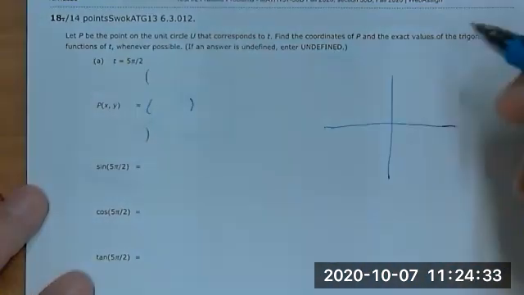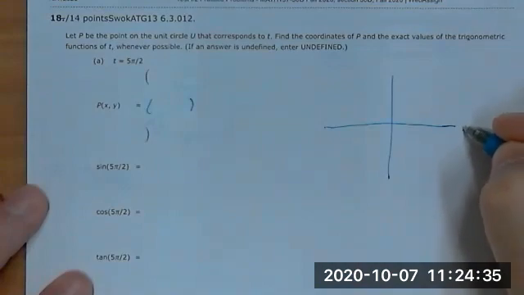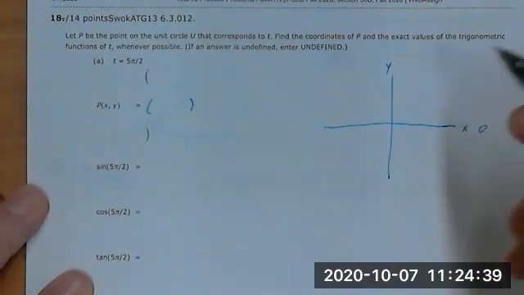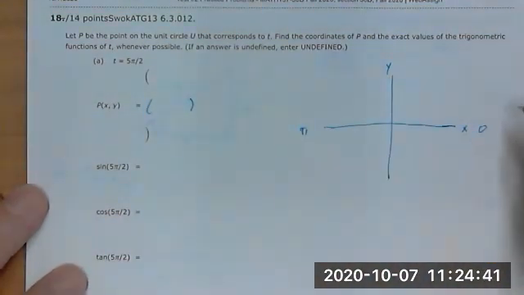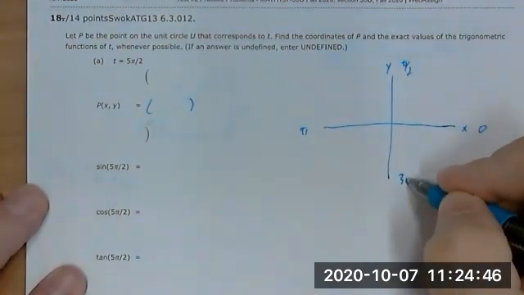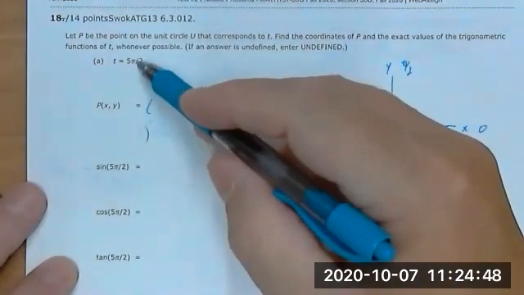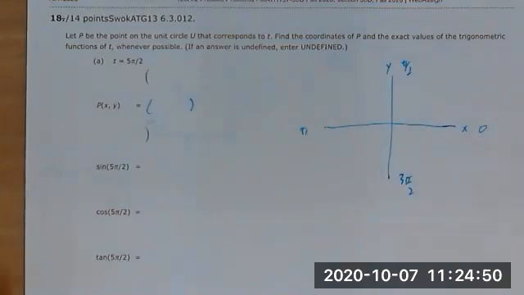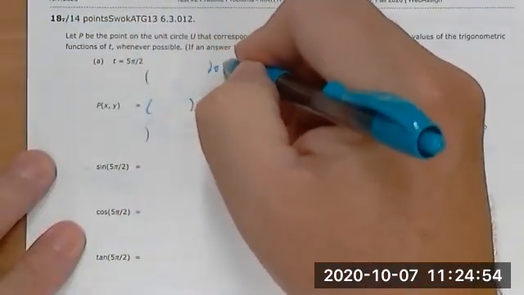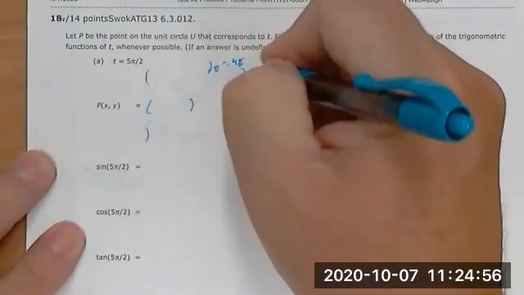Well, where is 5 pi over 2? In terms of the unit circle, 0's here, pi over 2, 3 pi over 2. But if you look at 5 pi over 2, I know 2 pi equals 4 pi over 2.